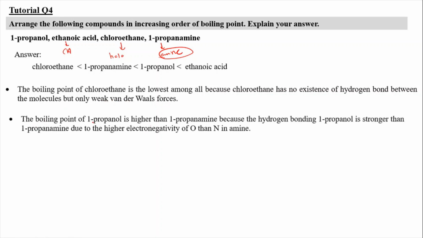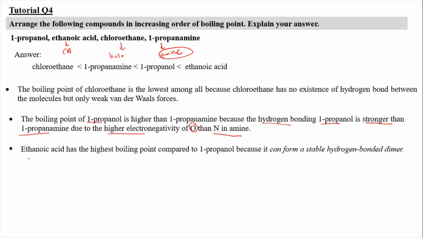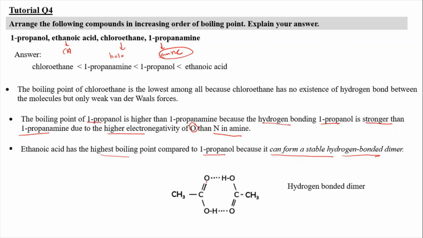The boiling point of 1-propanol is higher than 1-propanamine because the hydrogen bonding in 1-propanol is stronger, due to the higher electronegativity of oxygen than nitrogen in the amine. And ethanoic acid has the highest boiling point compared to 1-propanol because it can form a stable hydrogen bonded dimer. So the acid is going to be the strongest, and the structure is going to be something like this.